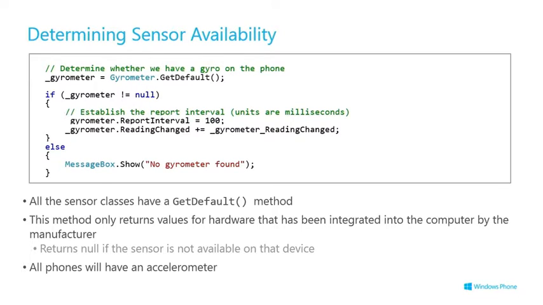If you set the report interval to a number of milliseconds, you are kind of choking the number of change events that get fired. Then you need to hook up the ReadingChanged event, and actually that's all you need to activate that hardware. Once you've hooked up the event, it will start feeding you details, and it will keep doing that until you unhook that event, or you null out your reference to that object, so release your references to it.